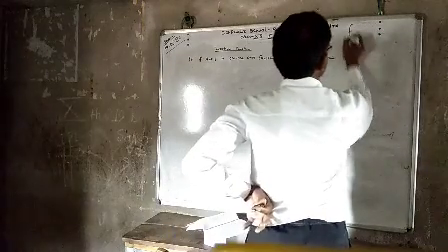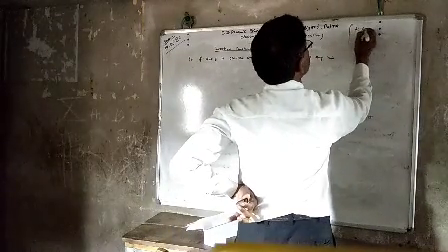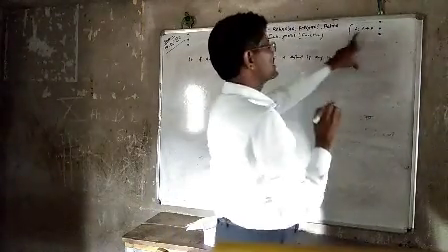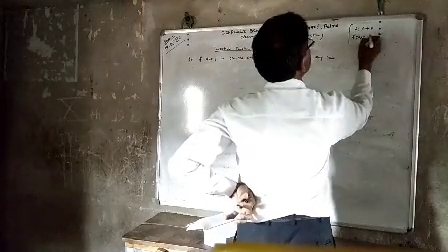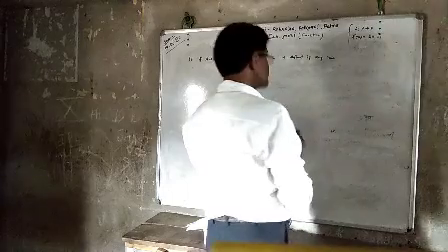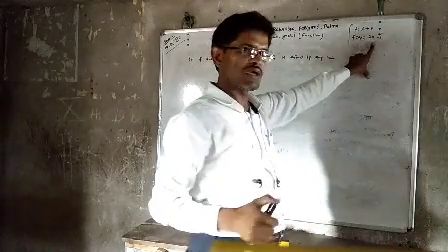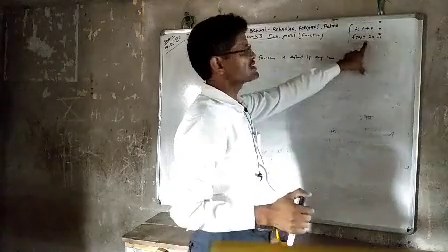For example, suppose f is from A to B, and f(x) is defined as 2x minus 1. f(x) equal to 2x minus 1 is the rule of the function.